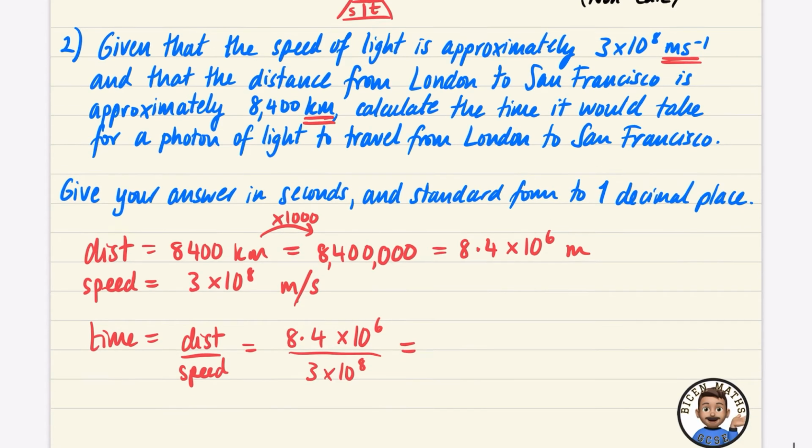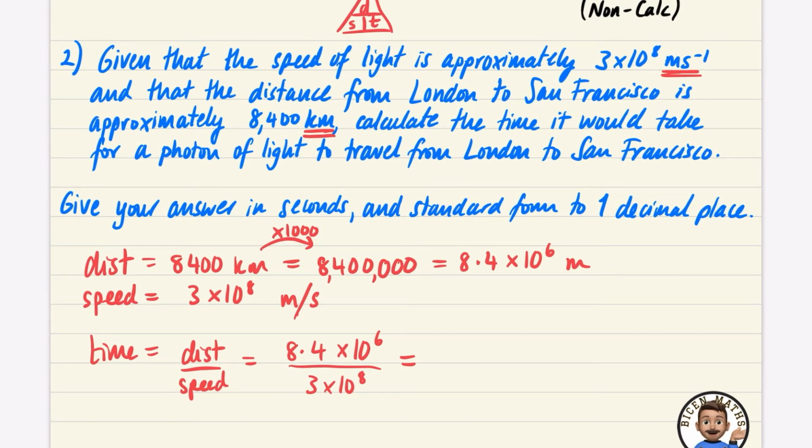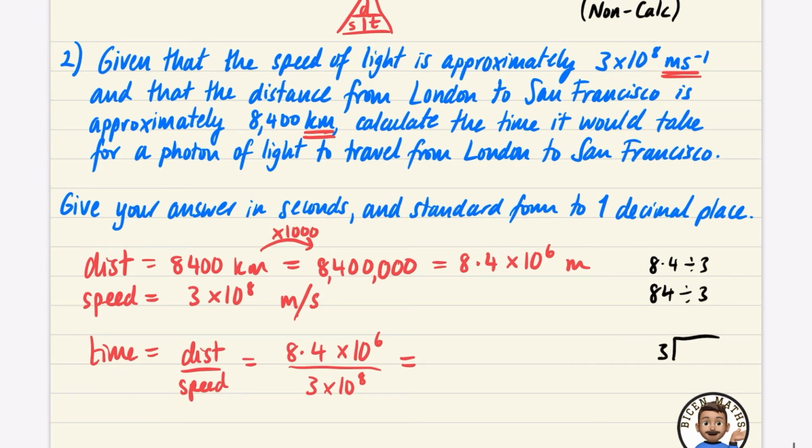Now, if you remember from the calculations from before, we need to do the 8.4 divided by 3. Well, instead, I'm going to do 84 divided by 3, and that will help me work out what 8.4 divided by 3 is. 3 goes into 8 twice, with 2 left over, and 3 goes into 24 8 times.